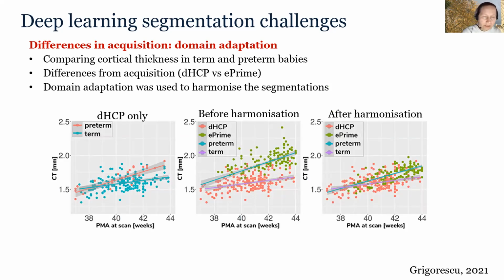Here we wanted to compare cortical thickness in term and preterm babies. And here is what we see if you just look at the DHCP database. All the data here have the same acquisition protocol.